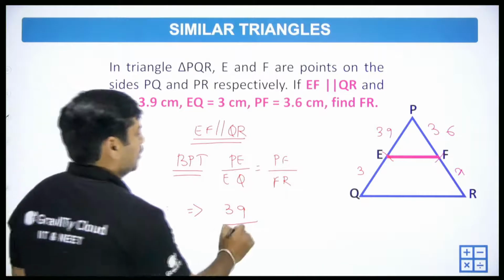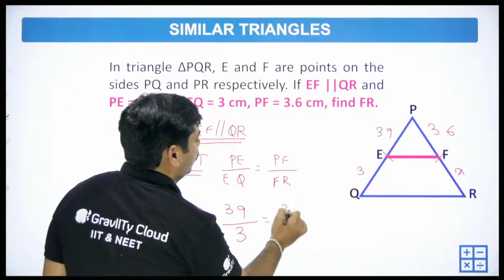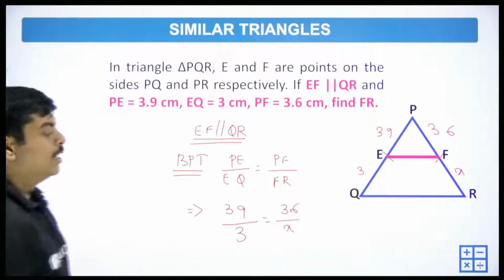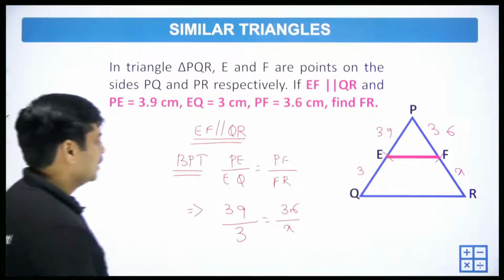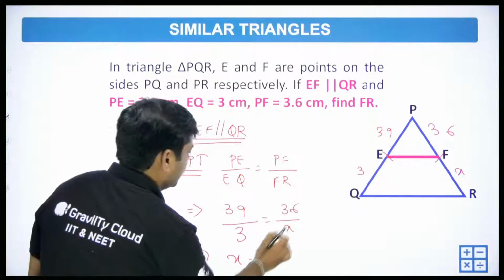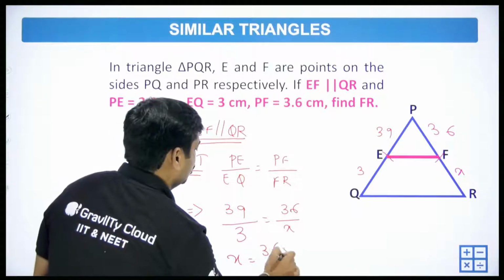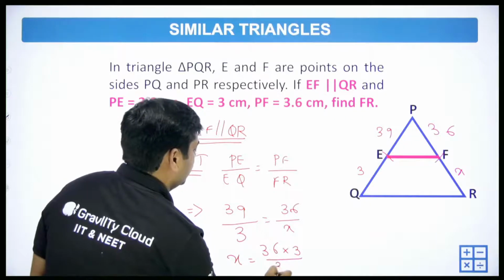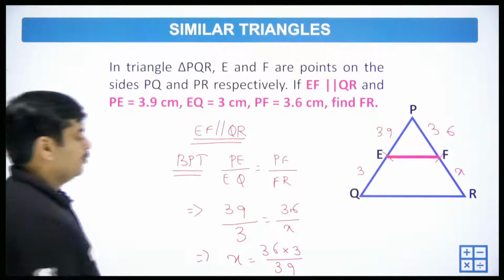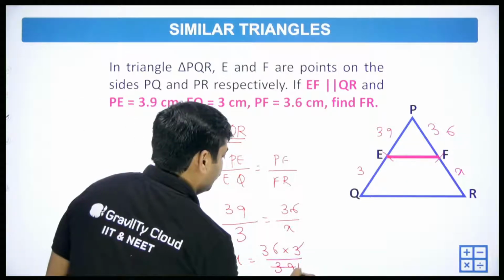So PE is 3.9, EQ is 3 centimeters, PF is 3.6 and FR is x. So we can go ahead like this. Can we cancel anything? Okay, let us see. So x is equal to 3.6 into 3 by 3.9. I think we can cancel with 3. 3 ones are 3, and this is 1.3 times.